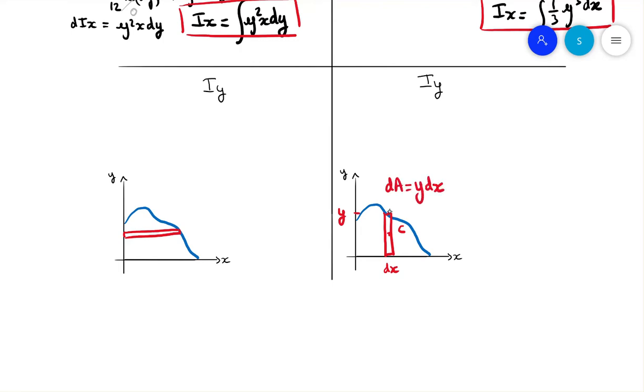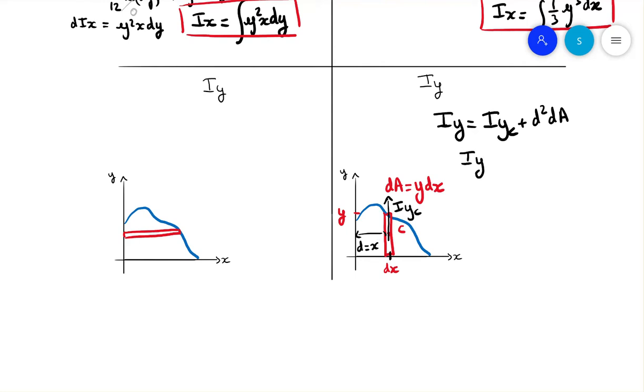Okay, and what we are looking for is Iy, and we will use the Iyc. So Iy is equal to the Iy at the centroid plus d squared dA, and the d is this distance between the y and yc. So d is equal to x.